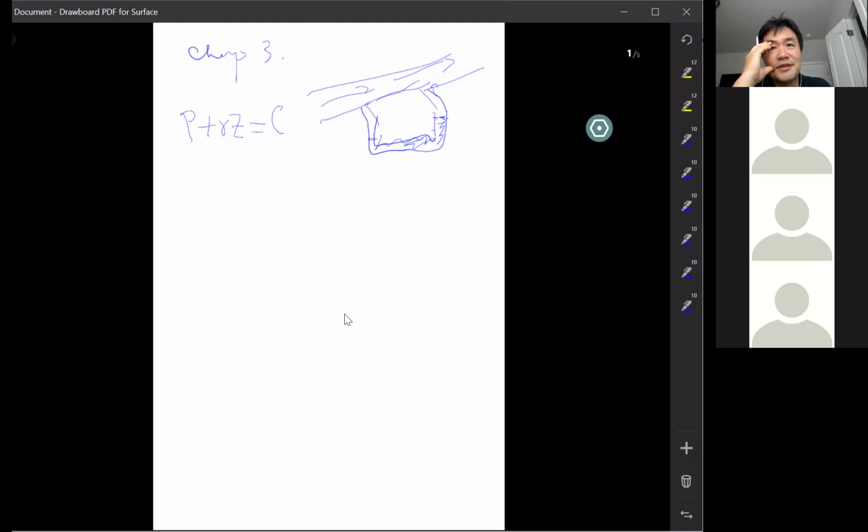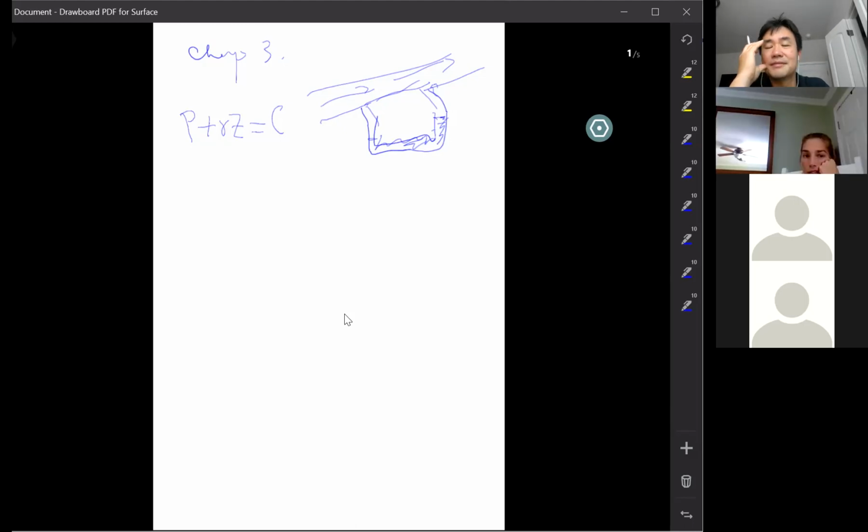If you have a different elevation, you have different pressure. Do you agree? The piezometric head? That's right. That's the correct answer. The piezometric head or piezometric pressure. This is the piezometric pressure. These two terms together, P plus gamma Z, it's a piezometric pressure. Piezometric pressure is conserved inside a stationary fluid.